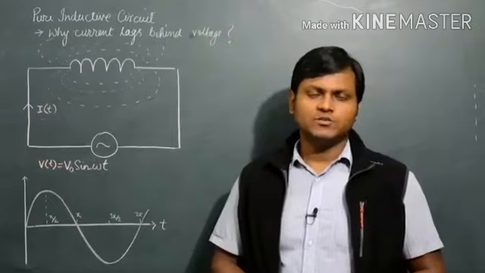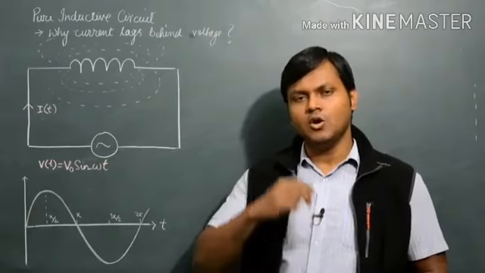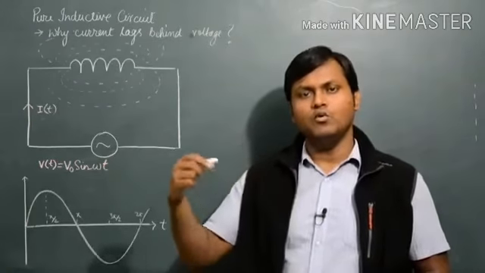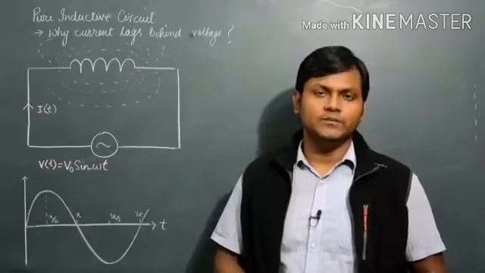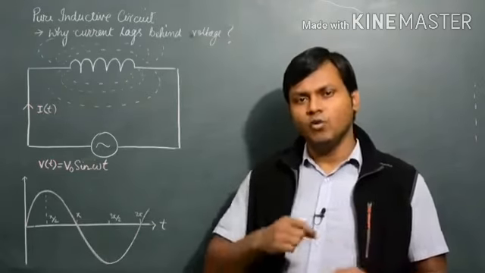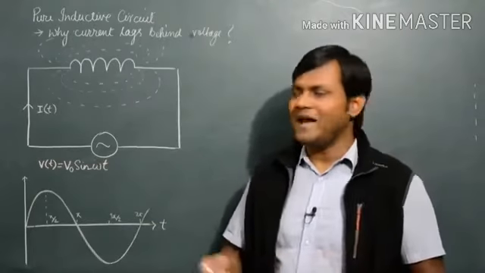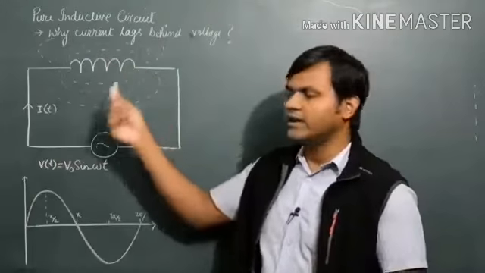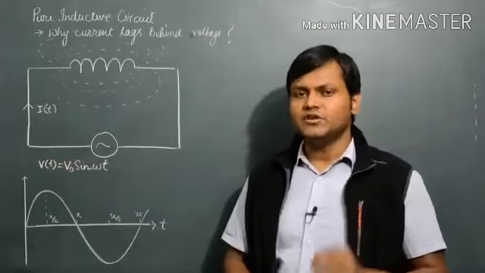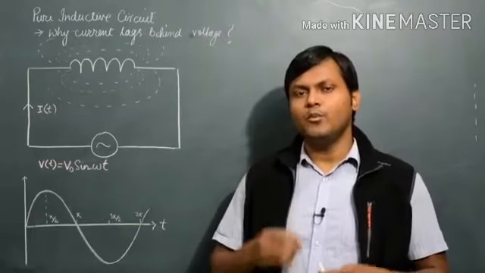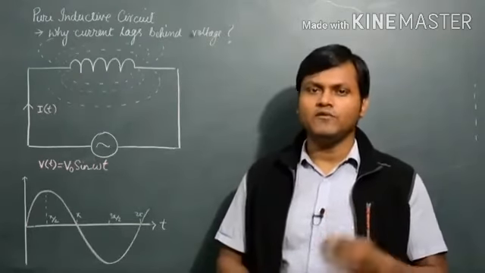An inductor in its most basic form is simply a coil of wire which is wound around some kind of core material. Whenever a current is flowing through this coil of wire, it leads to the generation of magnetic flux around this inductor. The nature of this magnetic flux is such that it opposes the change in the flow of current.